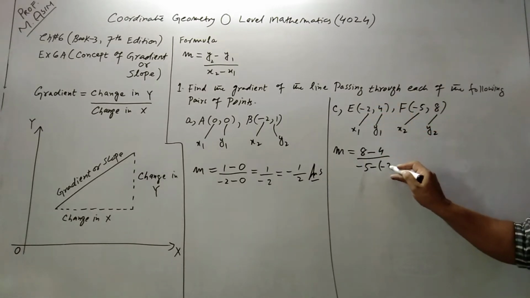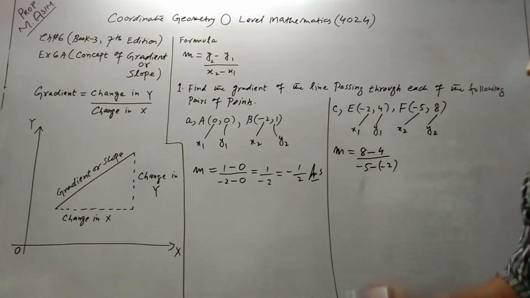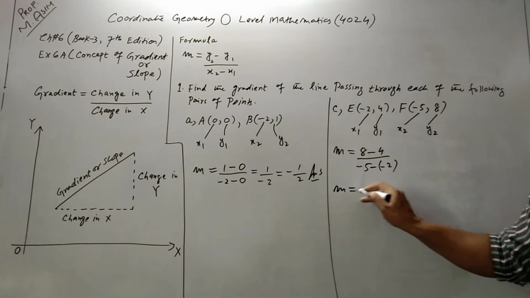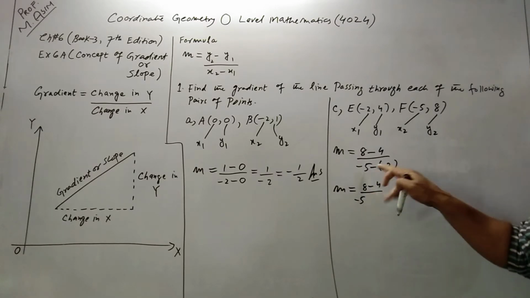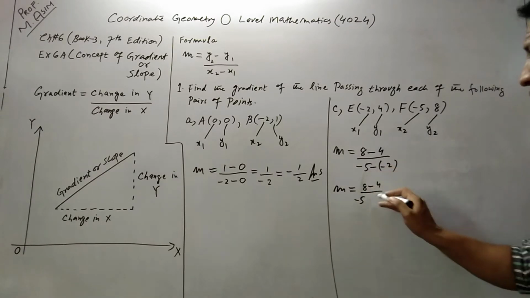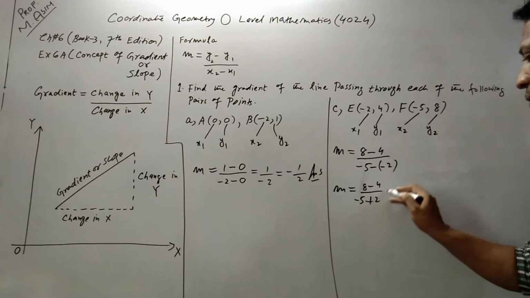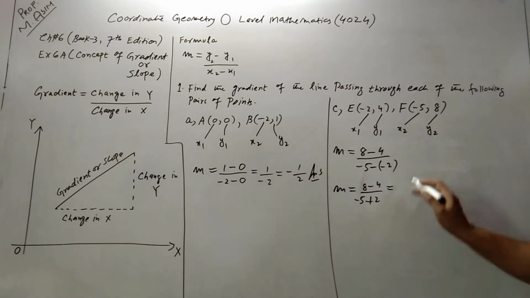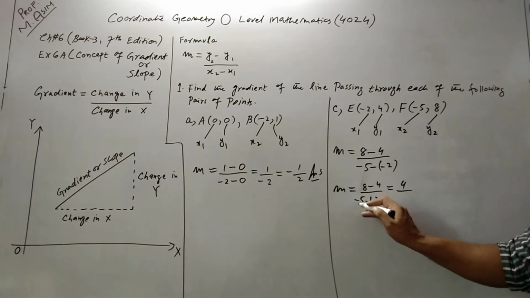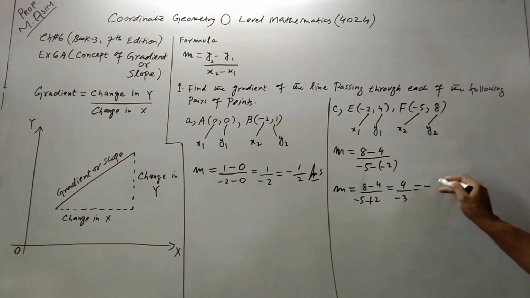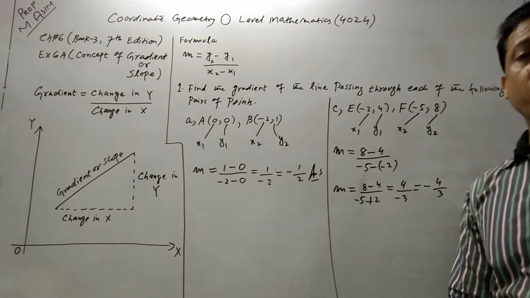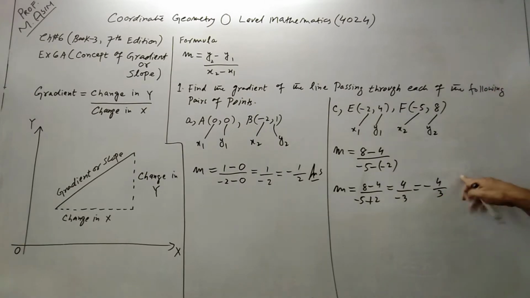Apply the bracket. Then m equals 8 minus 4 upon minus 5 plus 2, because minus multiplied by minus is always plus. 8 minus 4 is 4 and minus 5 plus 2 is minus 3. Hence our answer is minus 4 upon 3. 4 upon minus 3 or minus 4 upon 3, all are the same.